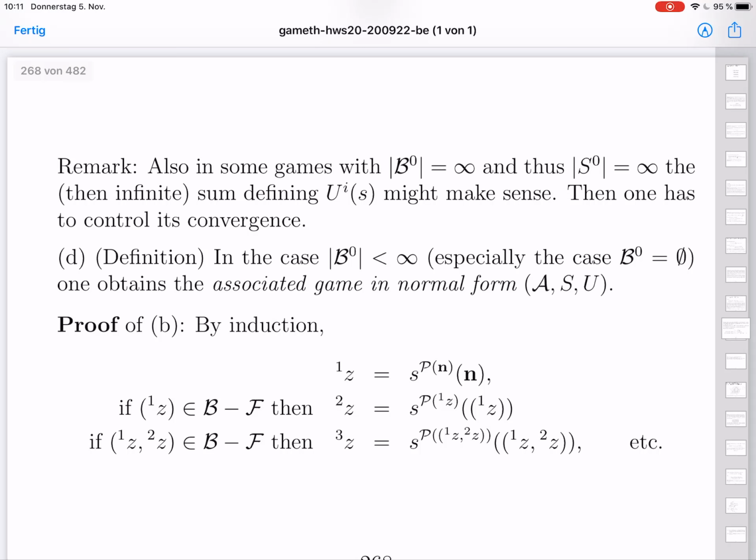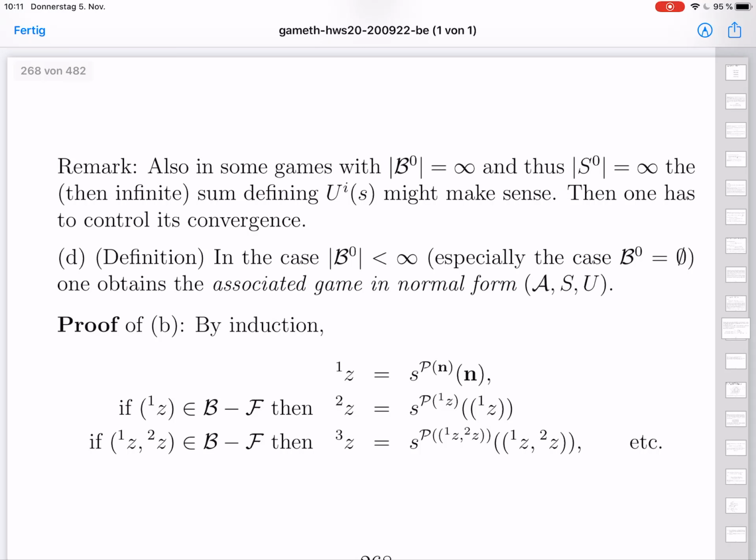So we will get again associated games in normal form. And then in definition 5.28 I will consider mixed strategies and define some probabilities. In definition 5.29 I will come to so-called behavior strategies.